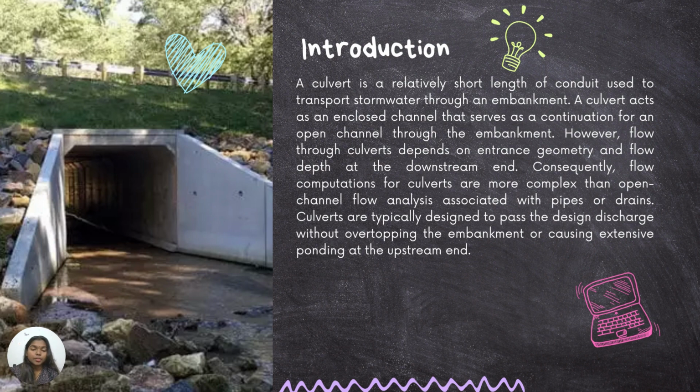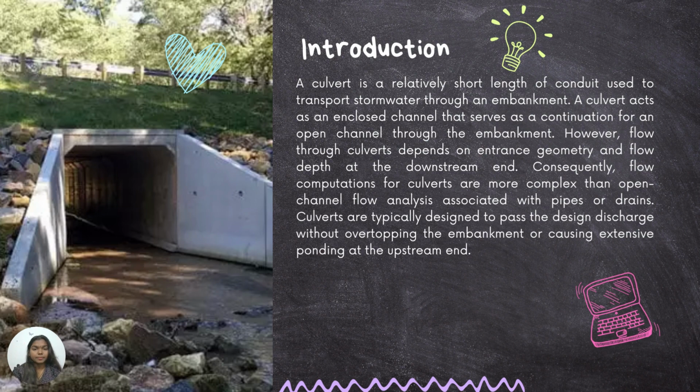Consequently, flow computation for culverts is more complex than open channel flow analysis associated with pipes or drains. Culverts are typically designed to pass the design discharge without overtopping the embankment or causing extensive ponding at the upstream end.